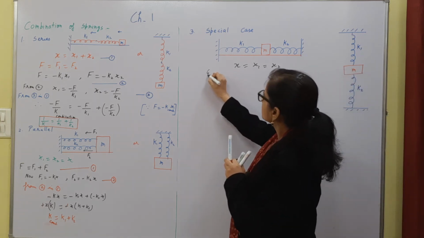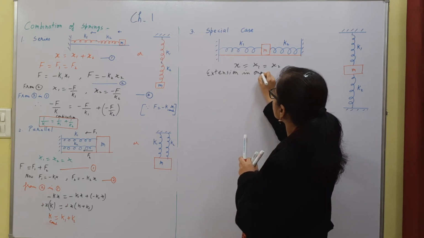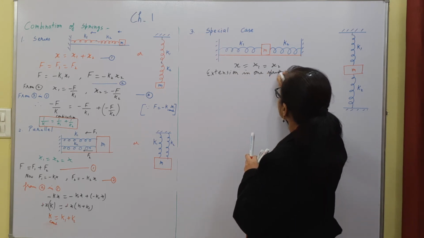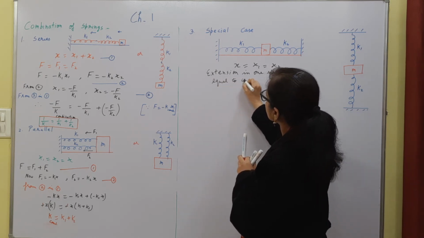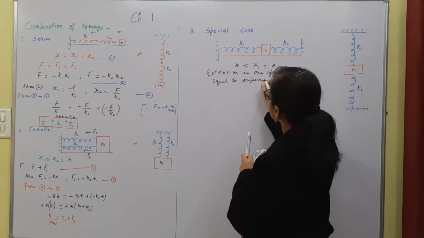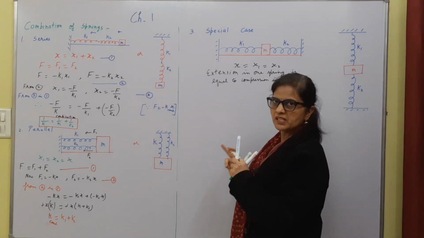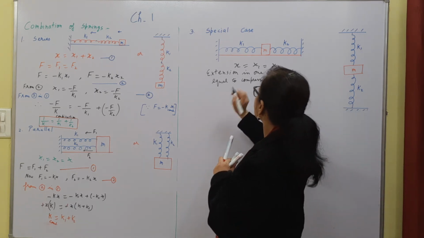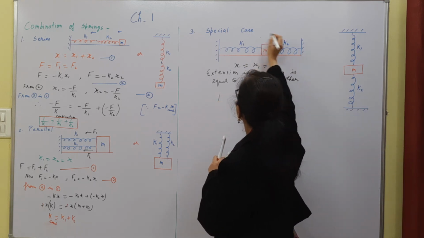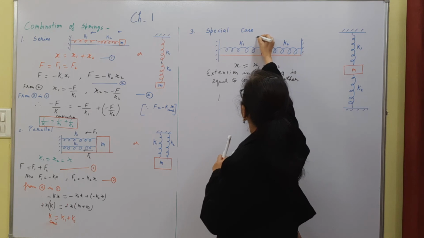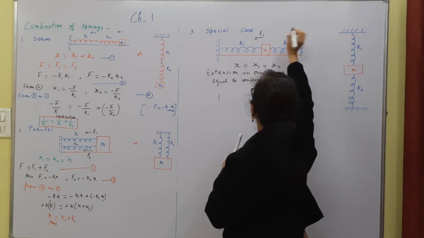We can write over here extension in one spring is equal to compression in the other. So again this way we can write down the net restoring force. In case it is going this way, in this case also the restoring force will be this way, and in this case also the restoring force will be this way.